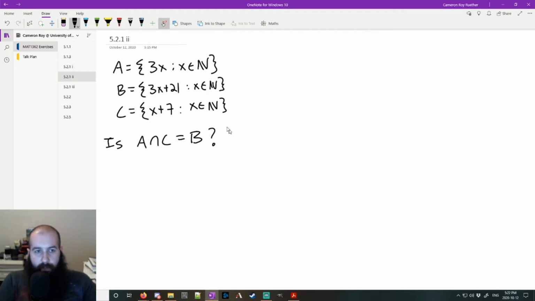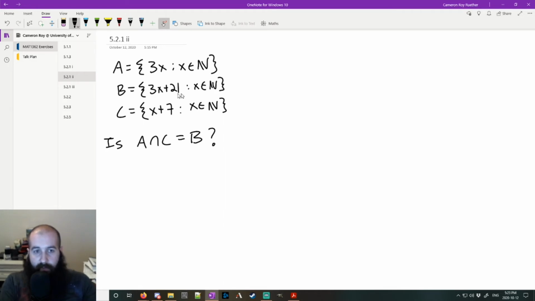Part 2 gives us the sets A and B again, now with set C, which is all the elements x plus 7 where x is natural, and we're asked if A intersect C is equal to B. So C can be thought of as all the natural numbers which are strictly greater than 7. So A intersect C will be the multiples of 3 which are strictly greater than 7.